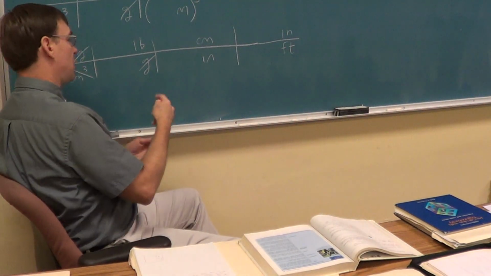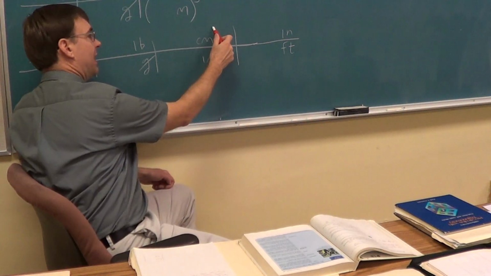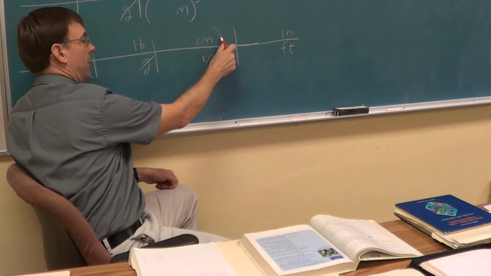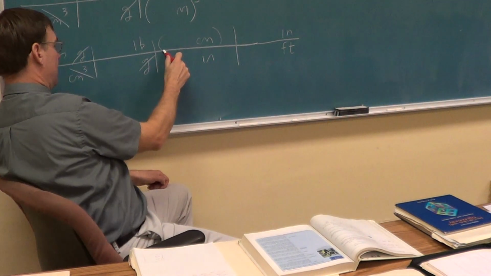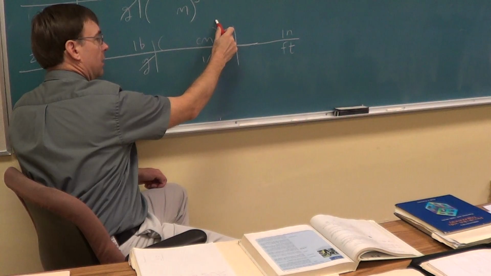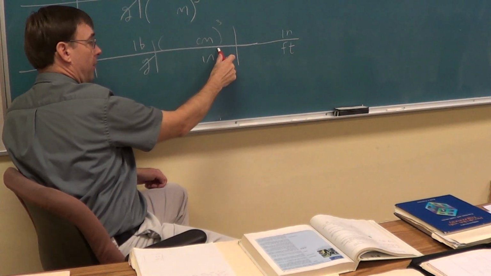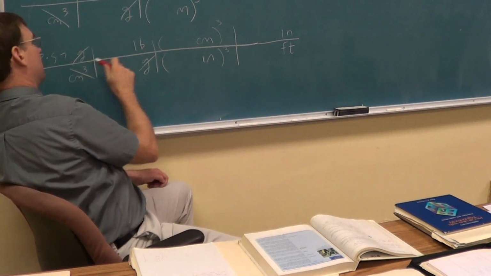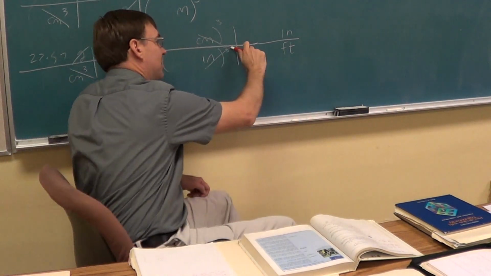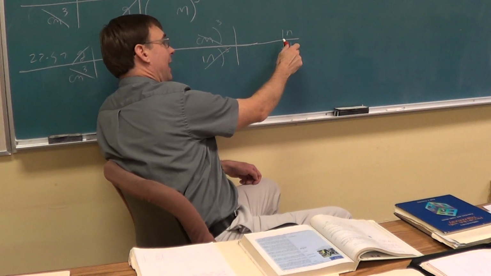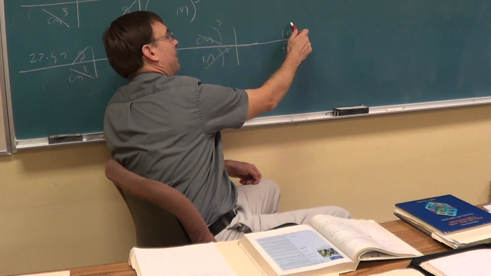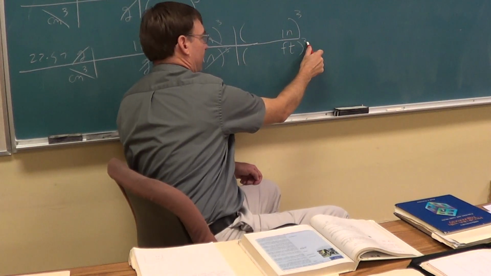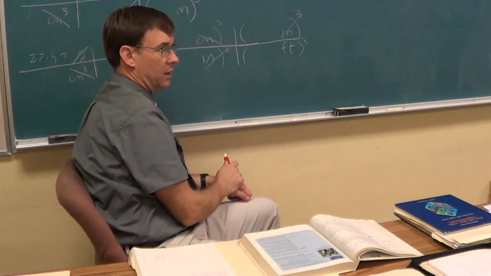For centimeters cubed to cancel this group, I need parentheses to cube, which means the bottom needs parentheses and cube. So centimeters is handled. But now inches isn't completely handled unless, again, parentheses, cube. Parentheses, cube. And now that's a word.